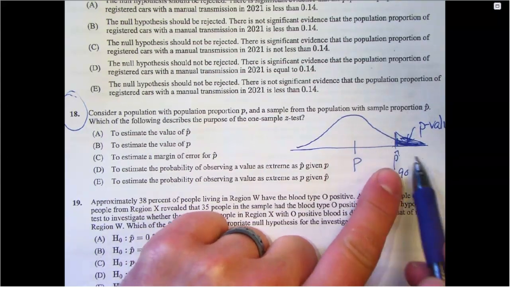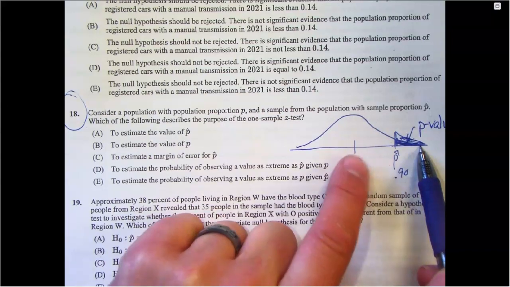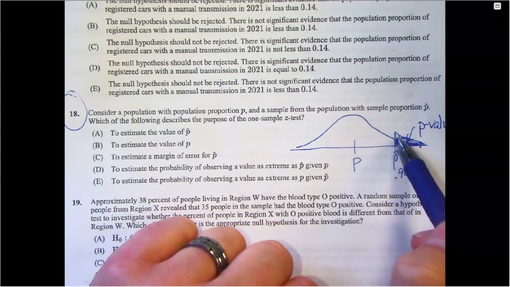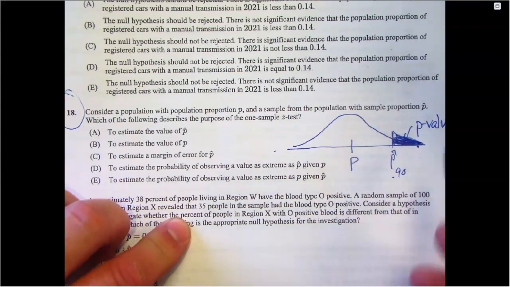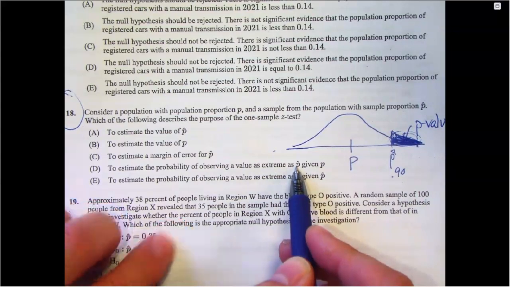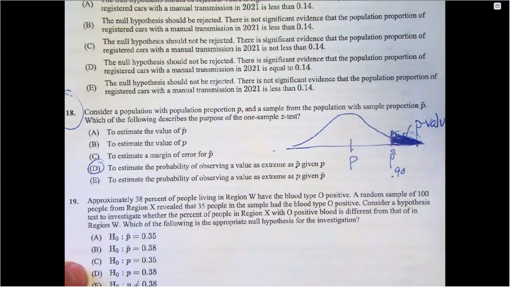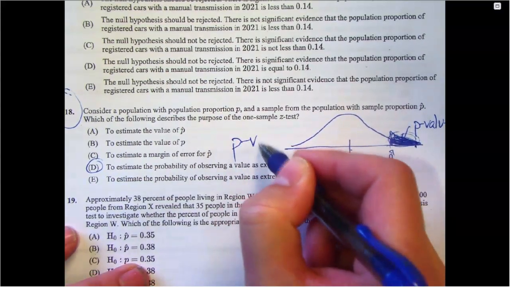It's the probability of getting p-hat or more if p is actually true. So p-hat or more is like the shaded area, and it could be less if we were doing the other side. But the probability of getting p-hat or more, or as extreme as p-hat, given that p is true. So D is your answer. That's like the definition of a p-value.